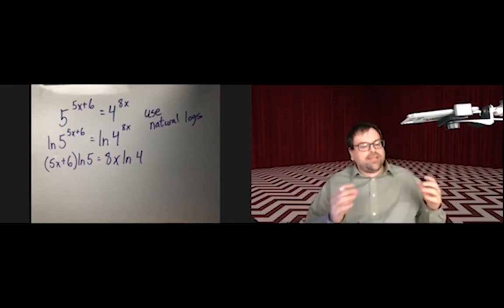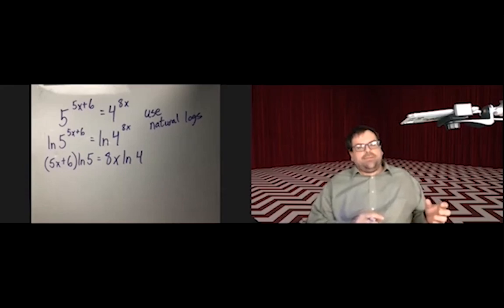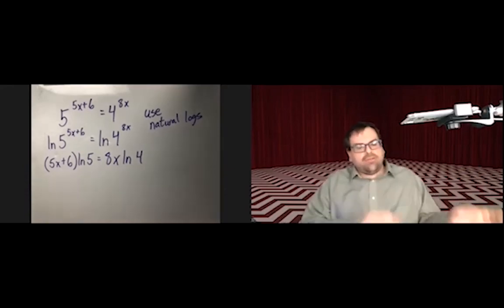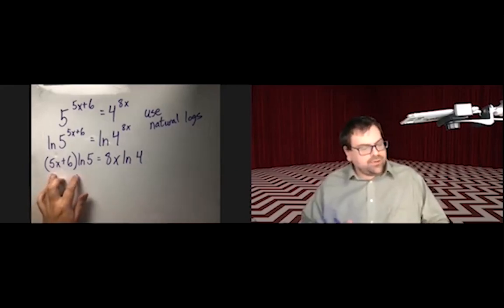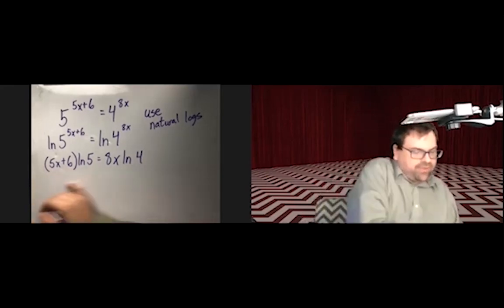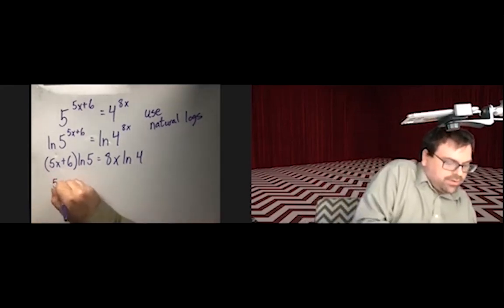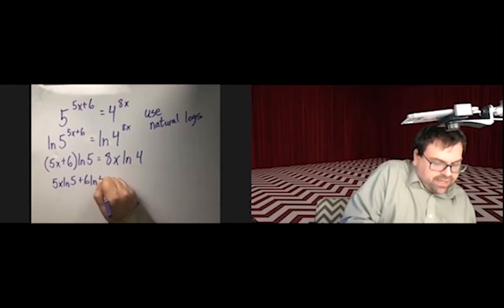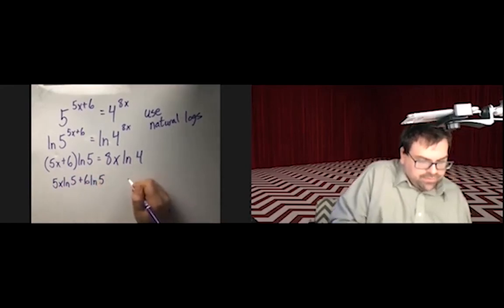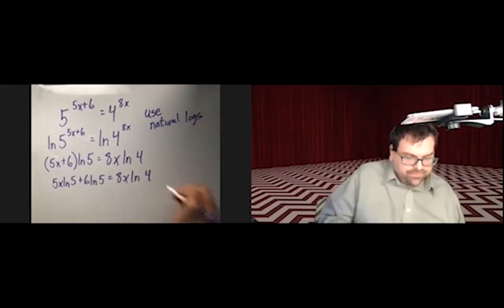We want to get all of our x terms on one side, everything without an x on the other. We also need to get rid of the parentheses first, so we can distribute the natural log of 5. 5x natural log of 5 plus 6 natural log of 5 equals 8x natural log of 4.